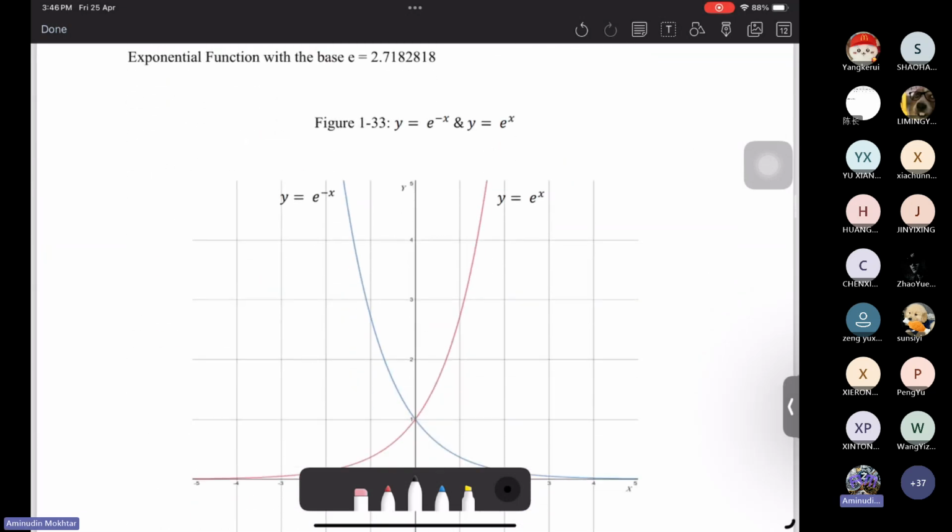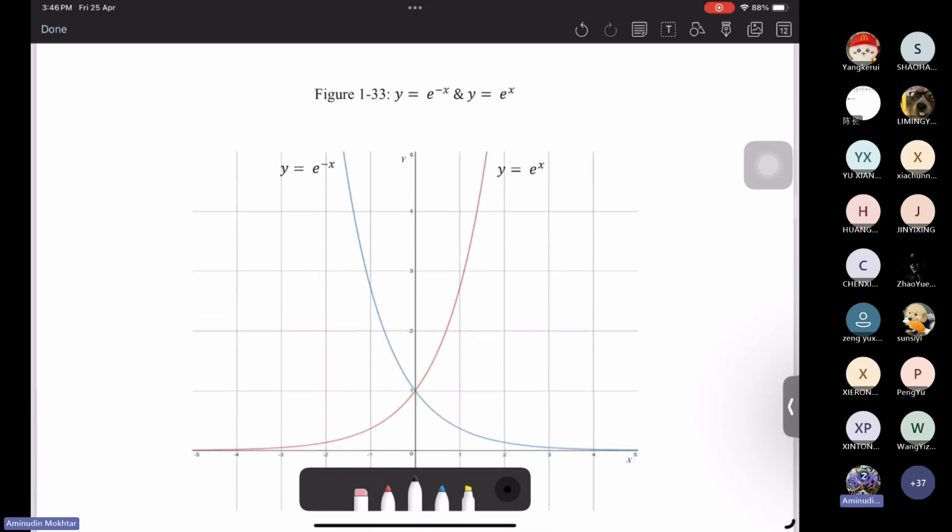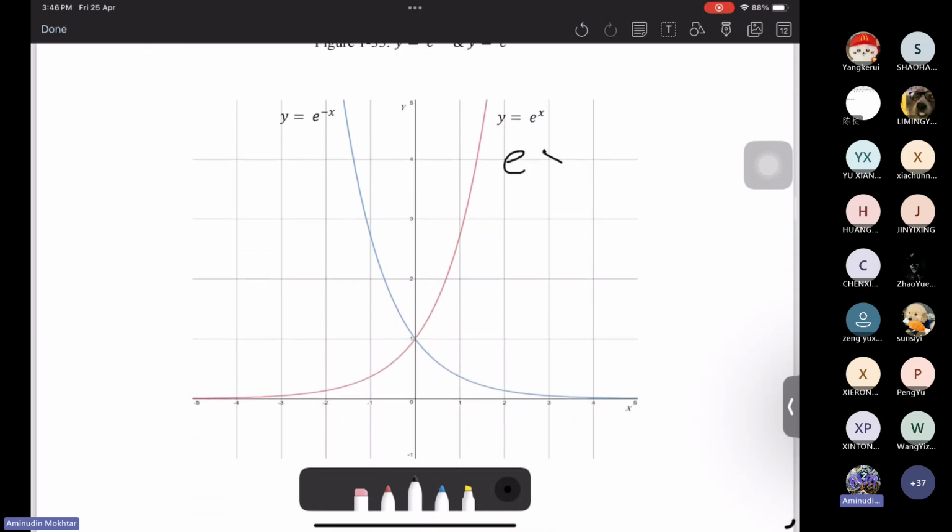And then there is another value for the base. We call it the exponential with base e. E is equal to 2.718281828, and so on. That's e. E is greater than 1.